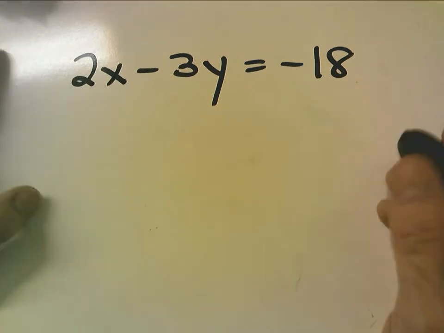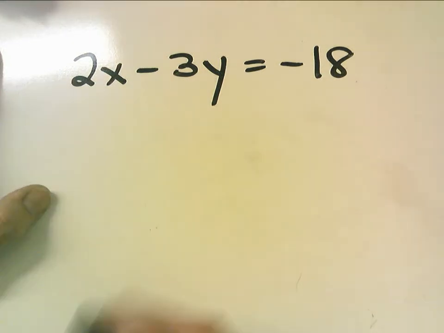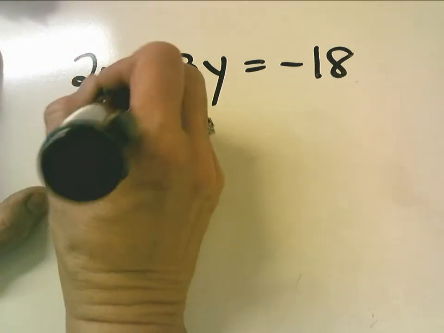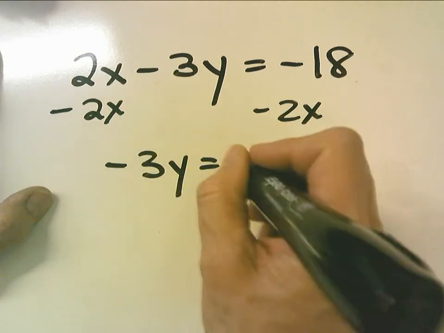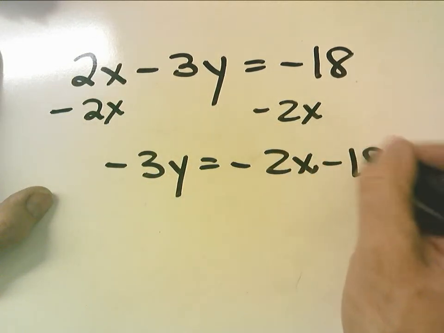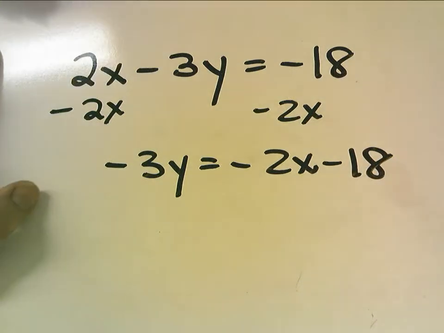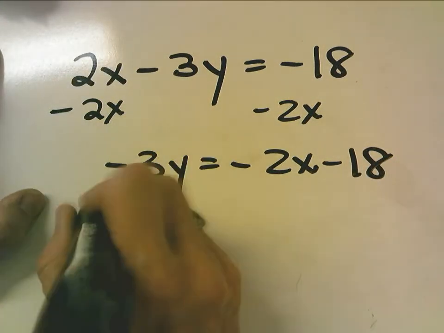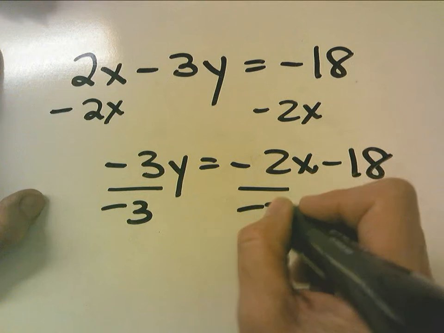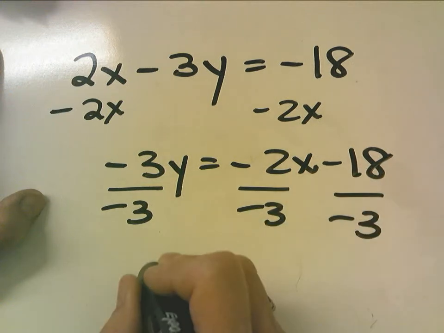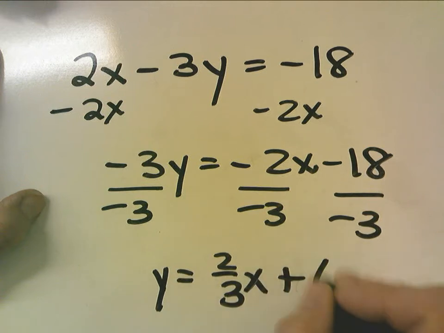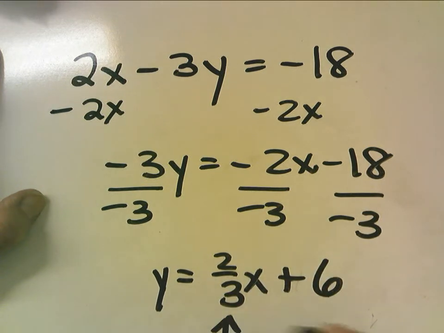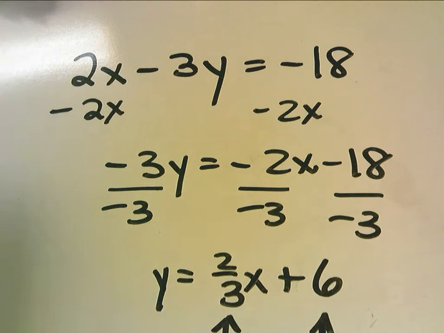So what we're going to do is put this into slope-intercept form, which means I'm going to solve for y. So I subtract 2x from both sides. Now I'm going to divide by -3. Y equals 2/3 x plus 6. So my slope is 2/3 and my y-intercept is 6.